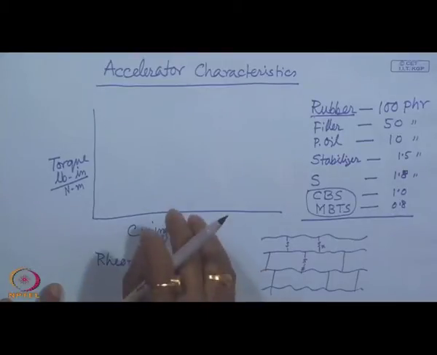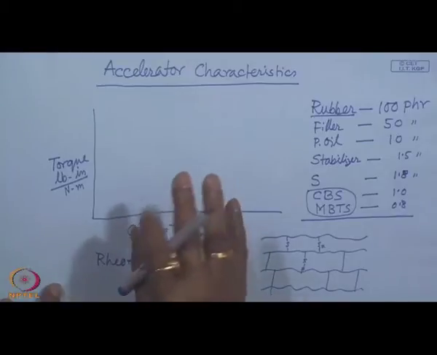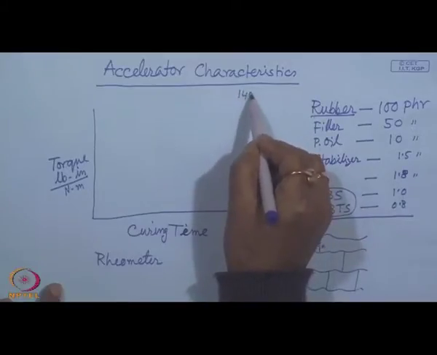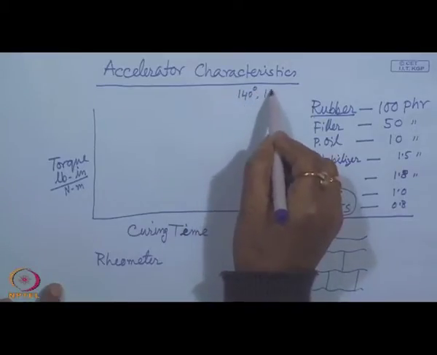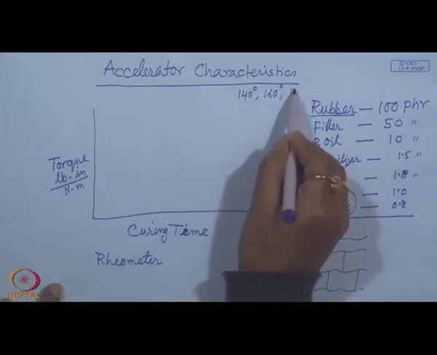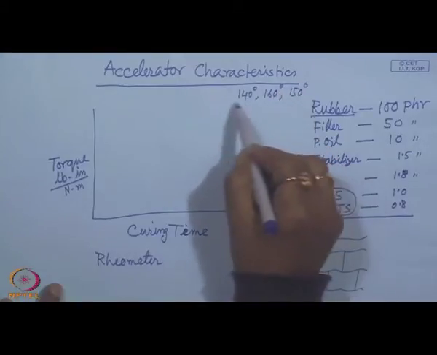Over the rotor, the rubber compound is placed, and two platens of that cavity are closed. The platens have a temperature controlled heating arrangement. That temperature is maintained at a vulcanization temperature of 140 degree Celsius or 160 degree Celsius or even 150 degree Celsius as per the requirement.